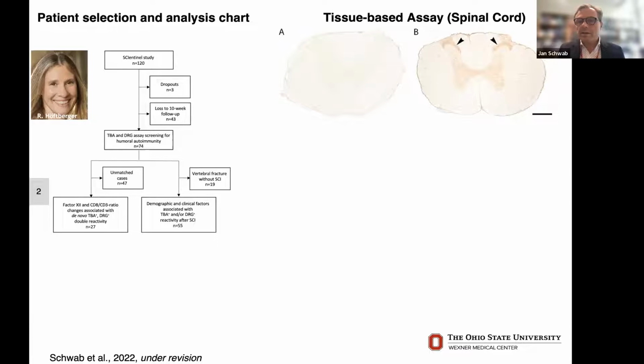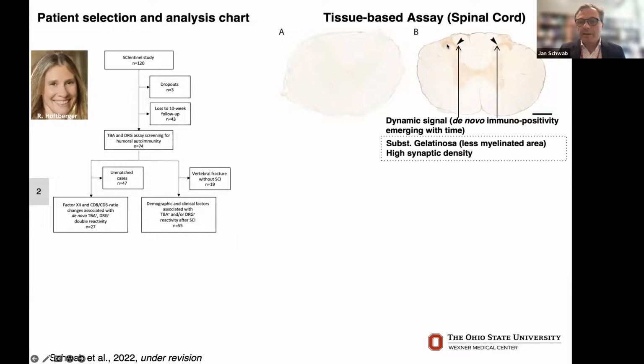And what you can see here is that in a subgroup of patients with spinal cord injury, we see over time, compared to controls, a dynamic signal, which is replicated by many patients, mostly targeting this particular area.